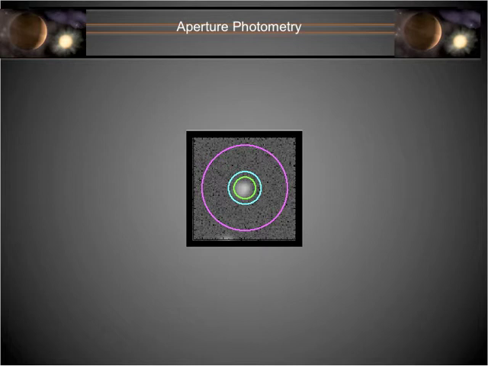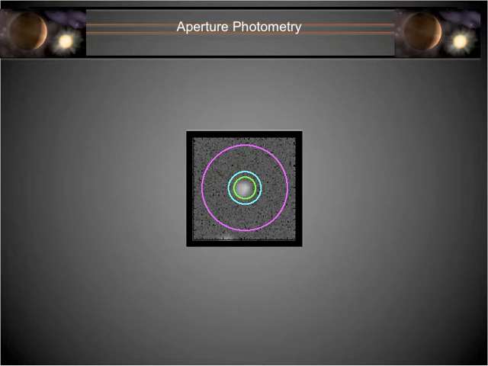Inside the green inner circle, which roughly surrounds the star completely, the computer asks how many pixels of light there are. Then it compares that to the outer circles where there is basically no light from that star.